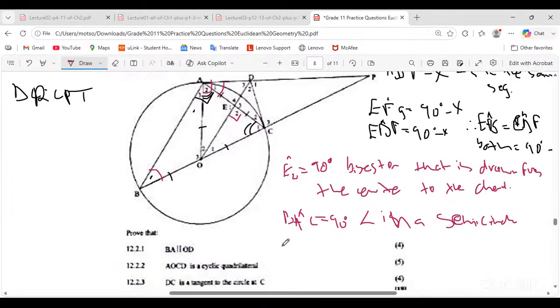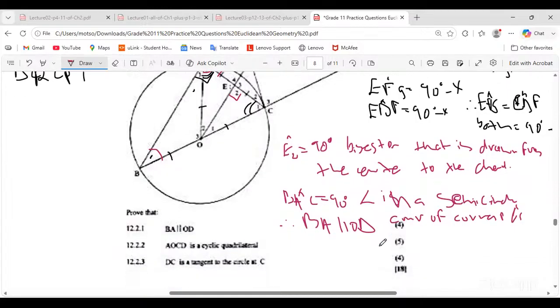Therefore, BA is parallel to OD. We have 90 degrees, we have 90 degrees. That is the converse of the corresponding angles. You are done. You have your beautiful 4 marks inside the pocket.